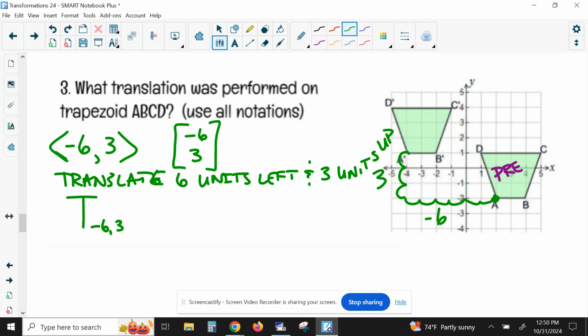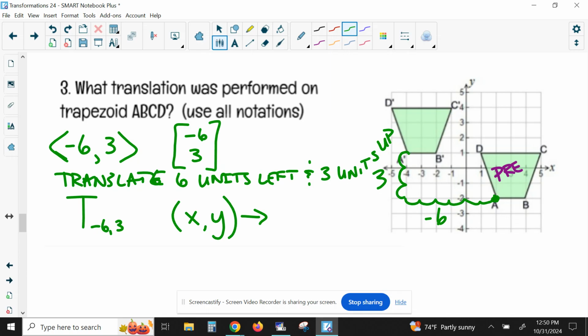What's the last way to write it? Coordinate form. What does coordinate form look like? X, Y first, and then a little arrow. How many of you know this already without looking at the front?